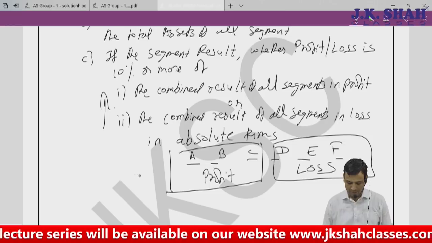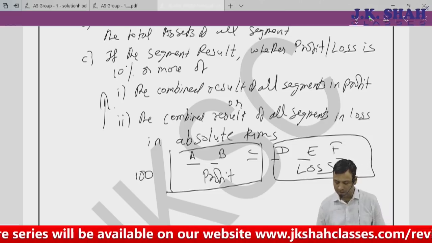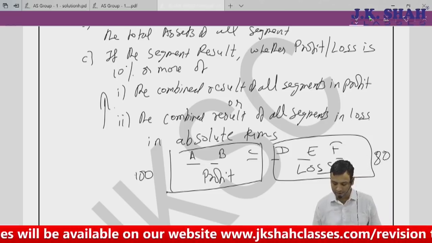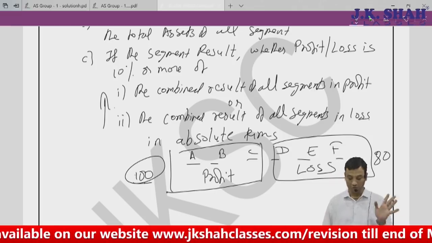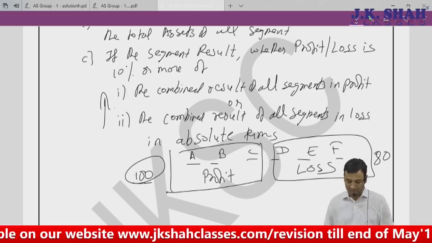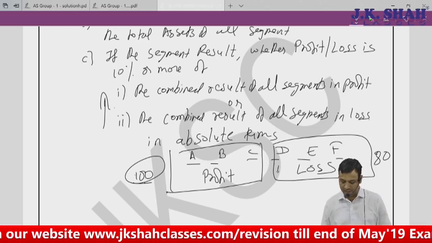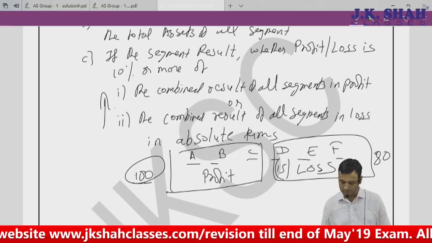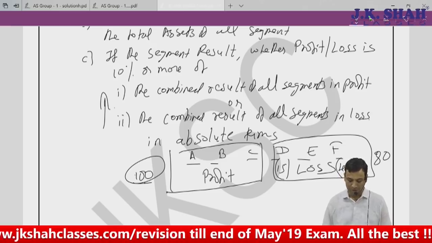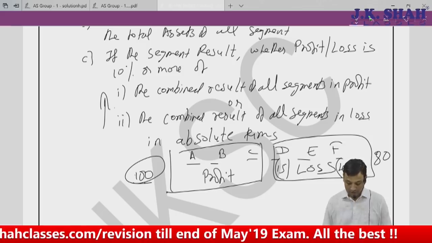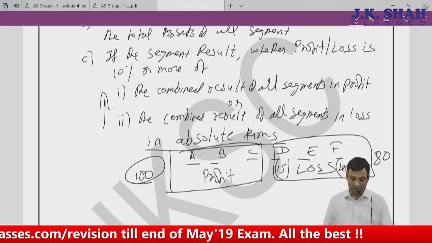Say that amount is 100, and these 3 segments which are in loss, their amount is 80. I will choose 100. 100 into 10%, so 10. Now whichever segment is at 10, it may be negative 15 is there, negative 40 is there, whatsoever it may be, these will be reportable because it is 10. So that is nothing but in absolute terms. That is very much important.